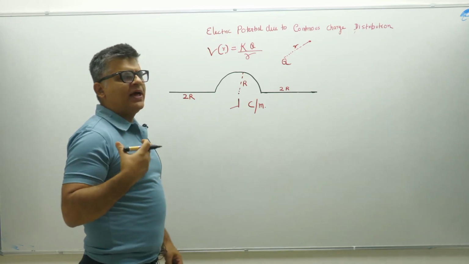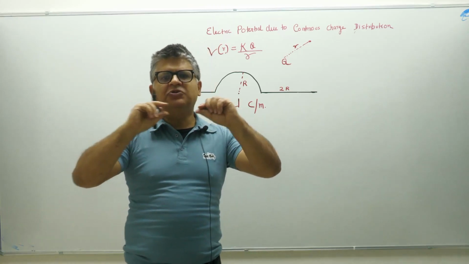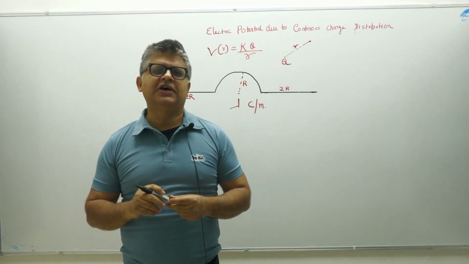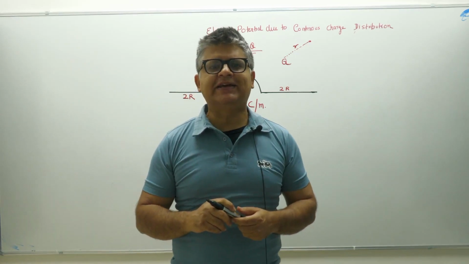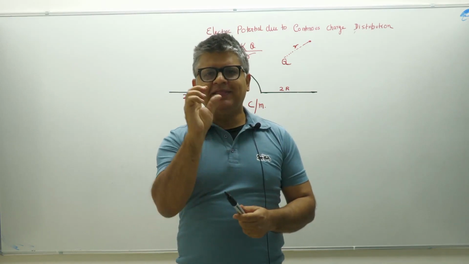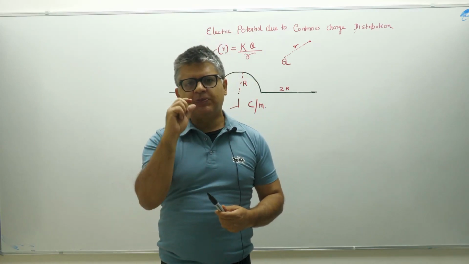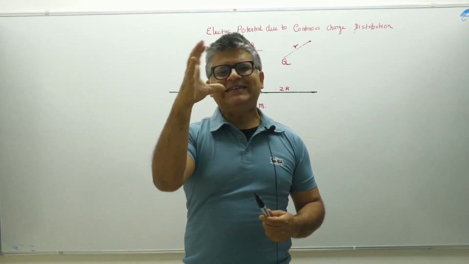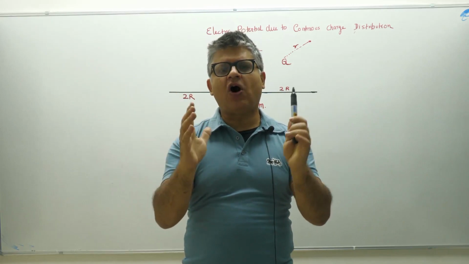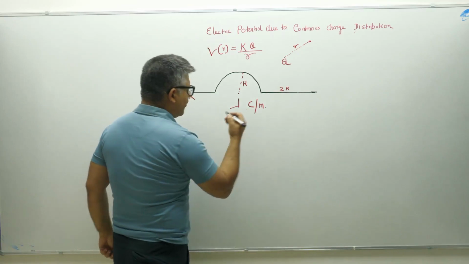If I have a continuous charge density, I tend to solve my problems using integration, which is picking up small charges and then calculating small potentials because of those small charges. Integration is the technique to find the sum of all these small dVs. So I will just write a dV for your benefit.